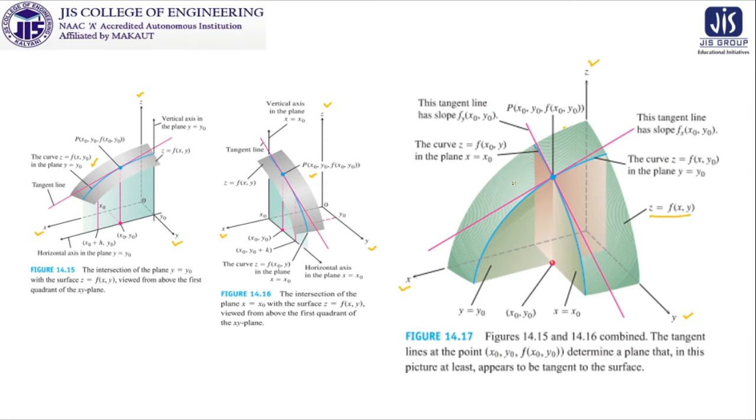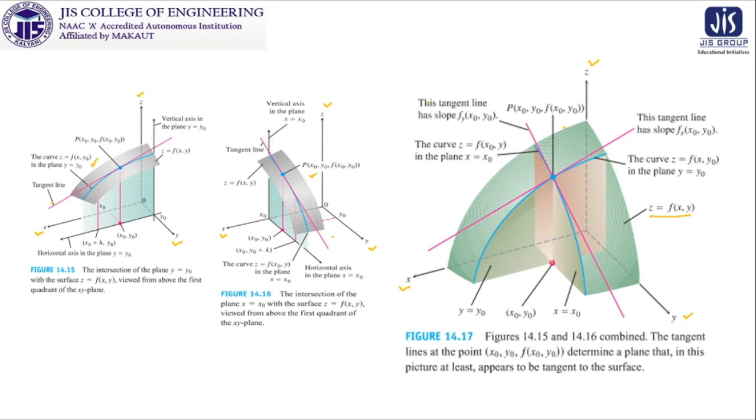Now look at this, the curve z equals f(x0, y) in the plane x equal to x0, and similarly the curve z equals f(x, y0) in the plane y equal to y0. Okay, and this is one tangent line like this one, and this is another tangent line like this one. This tangent line has slope fx, this tangent line has slope fy.